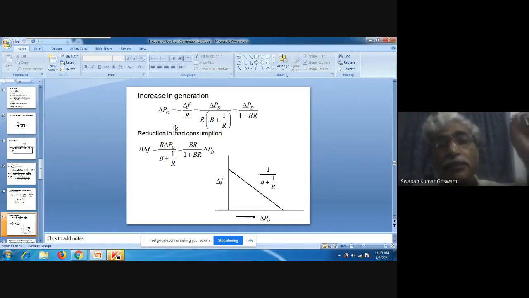The generator has increased its power output by this amount. Existing load of the system, because the frequency decreases, will be consuming somewhat less power. How much less? It will be consuming this much less of the power which it was consuming previously. This much will be reduction in power demand by the existing load.